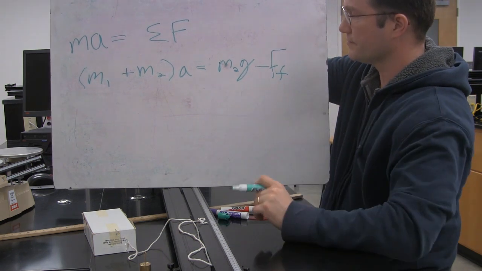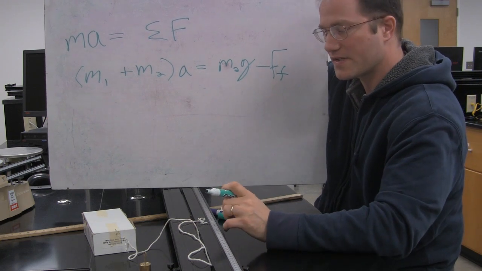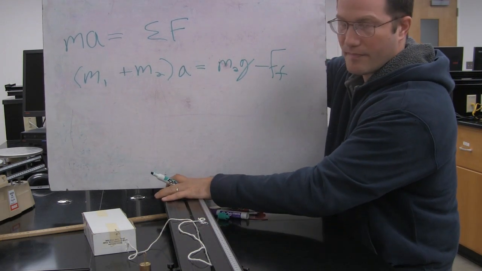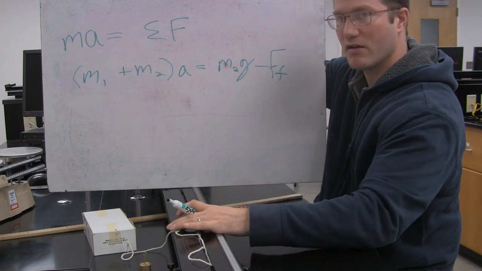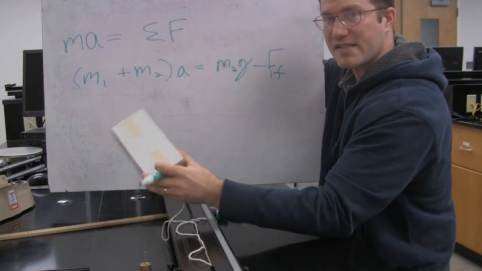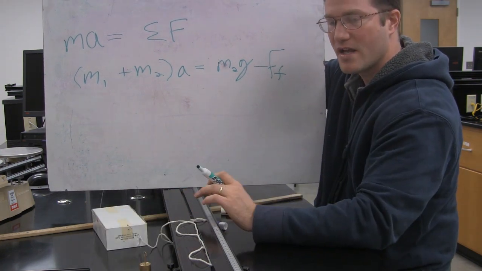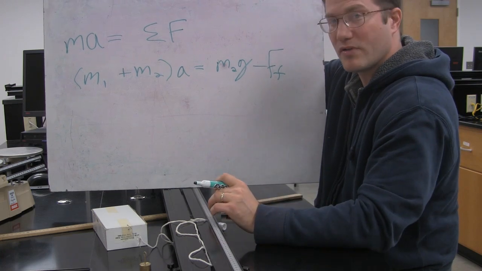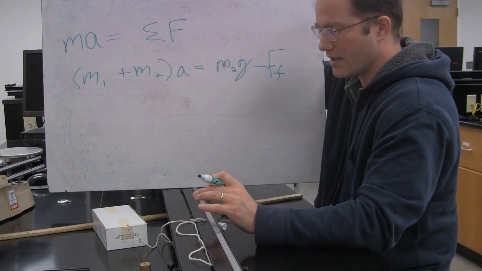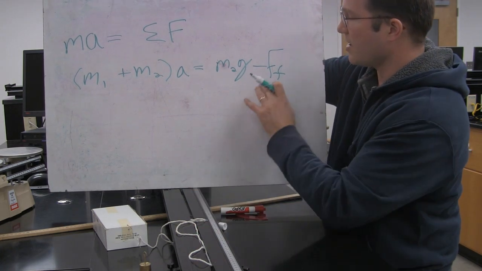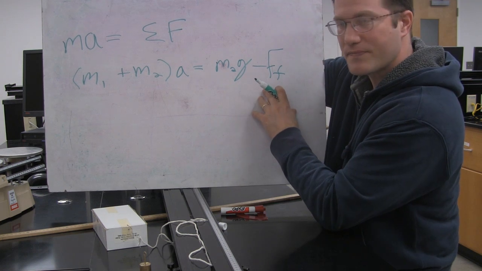The frictional force can be the friction of the cart rolling along, or in our case, a box sliding along a track. Also, you have friction in the pulley, and other things going on. But we'll just call that the frictional force.